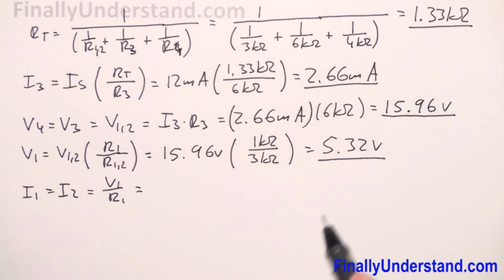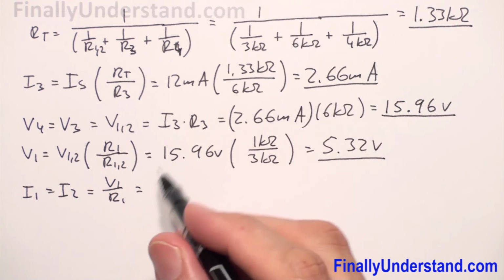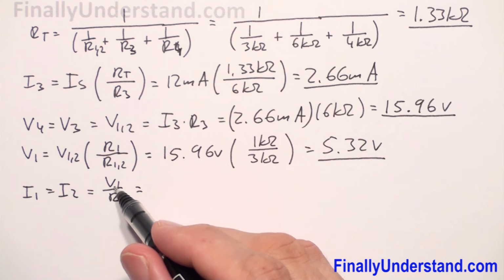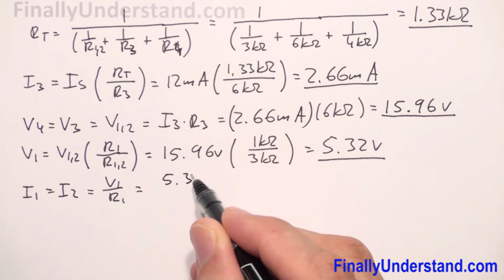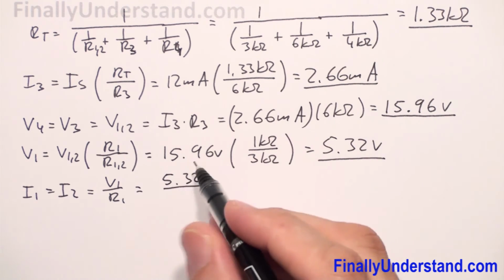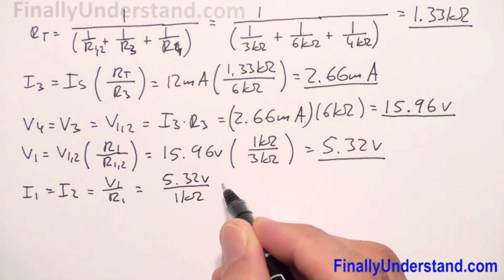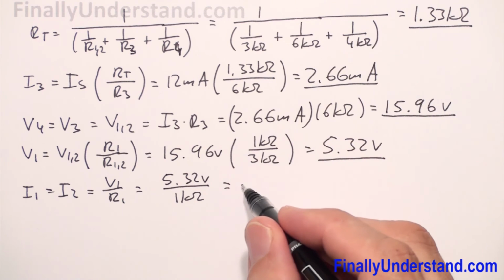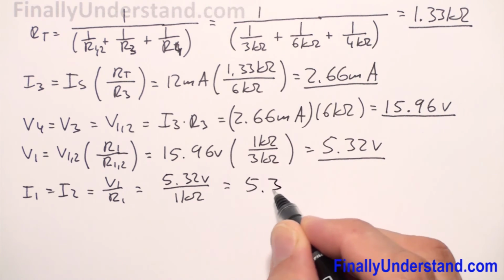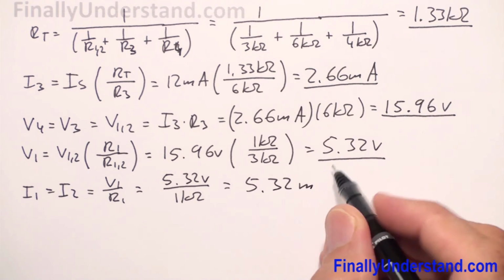Again, this time we are going to practice Ohm's law. V1 we found is equal to 5.32 volts over R1, which is equal to 1 kilo ohm. 5.32 volts divided by 1 kilo ohm is equal to 5.32 milliamps.